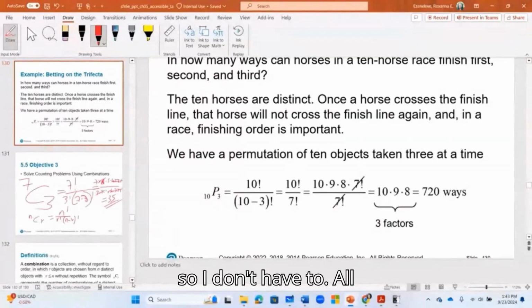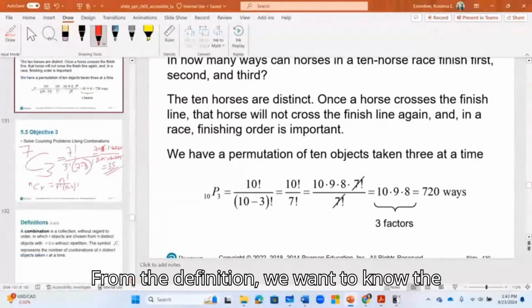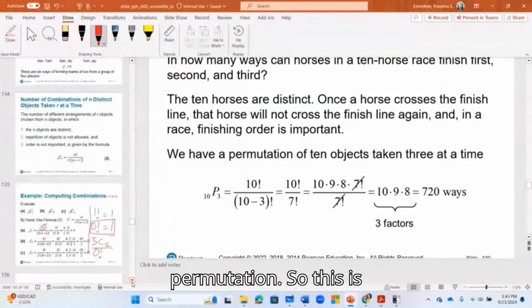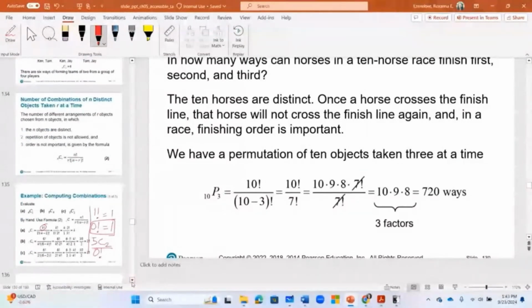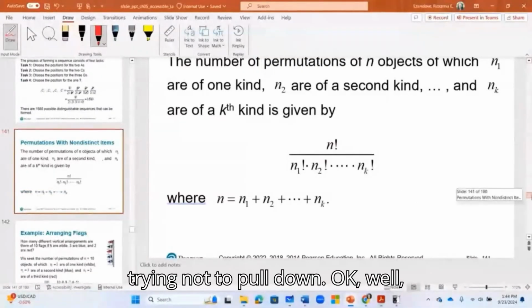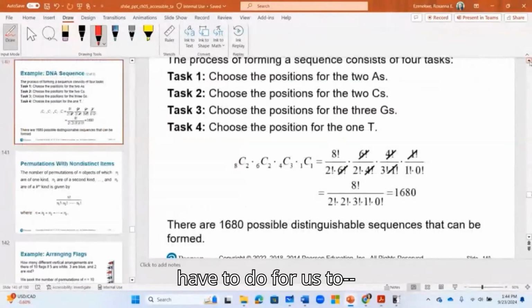All right, so we want to make sure we know, from the definition, the difference between combination and permutation. So this is permutation here, and I'm trying to pull this down, but it's not pulling down. Okay, well, make it smaller.